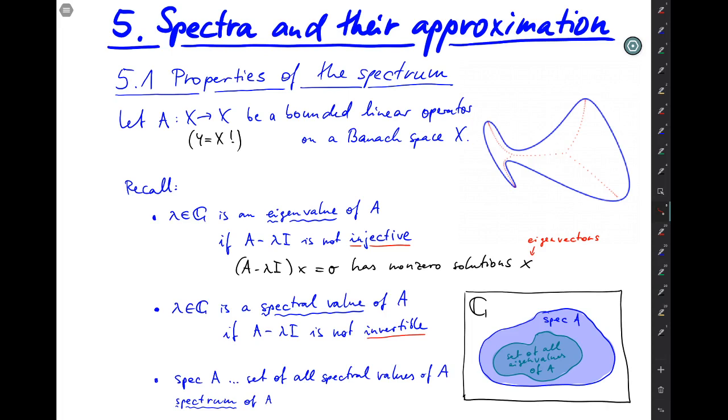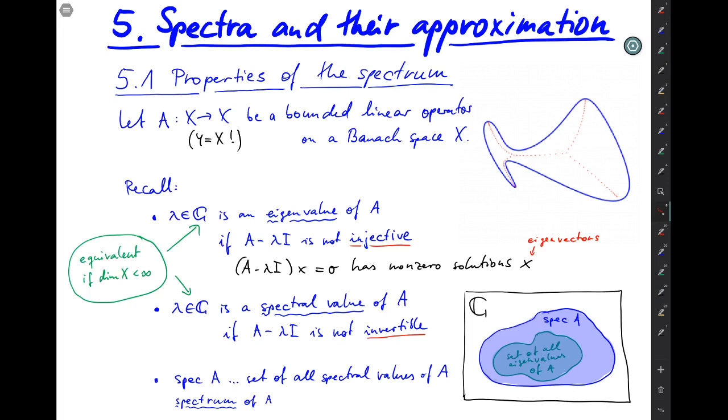But if you have finitely many rows and columns in the same number, then the two things are equivalent. So in finite dimension, eigenvalue and spectral value is just the same.